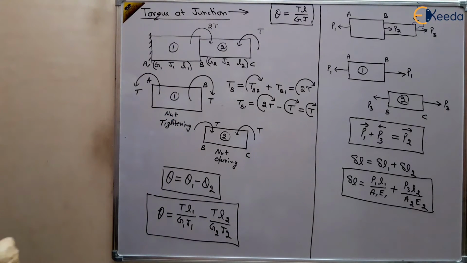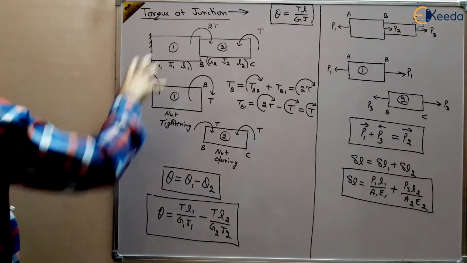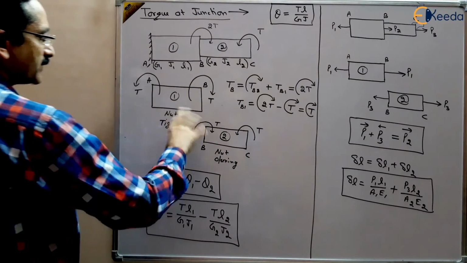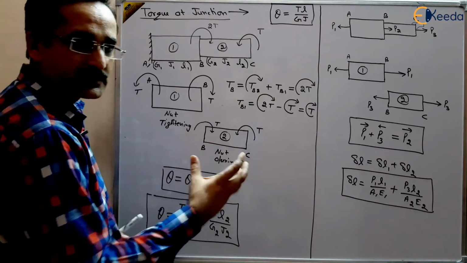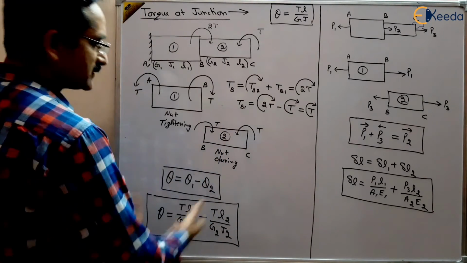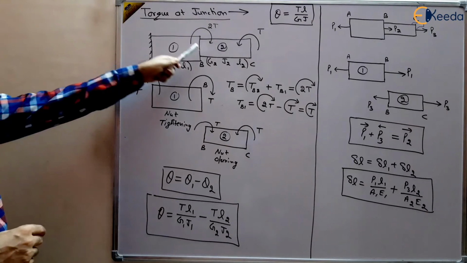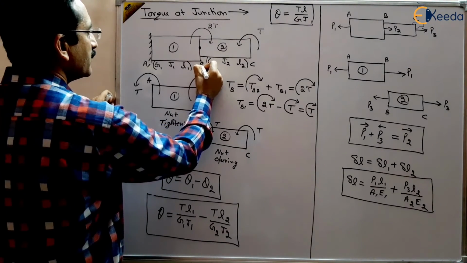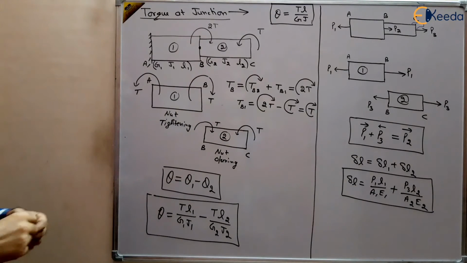Where there is torque applied at this point and at this point 2T torque applied, and we have cut this part into two parts and obtained the torque at both the ends, and then using the sign conventions we are finding the total angle of twist for this case, right? So this is how the problem of torque at junctions is solved. B is a junction where AB and BC meet, where torques are applied.